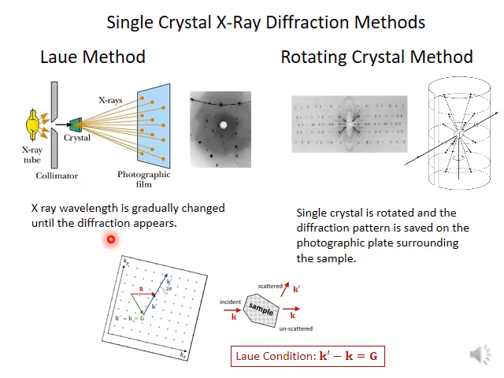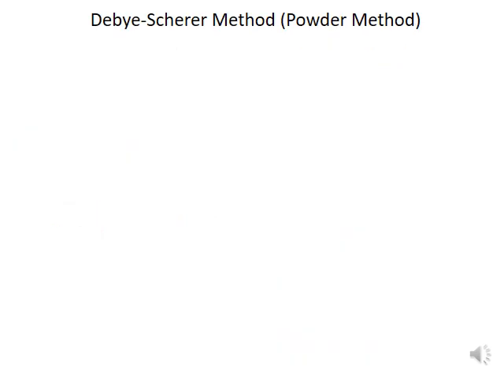By changing the wavelength of the X-ray, you are basically changing the magnitude of the k and k prime vectors, and you keep on doing this, and at certain specific wavelengths the diffraction condition is satisfied, and a diffraction pattern is developed. So both these methods have their own way of satisfying this Laue condition for scattering. In one case it is by rotating the crystal, in another it is by changing the magnitude of the k vectors itself.